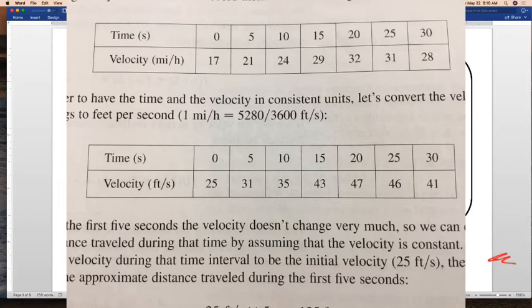We could record our speed more often. We're only recording our speed every 5 seconds. Okay, if the speed varies greatly in between those two time frames, then your displacement changes significantly. So in order to get a more accurate estimate, we want to take more frequent measurements.